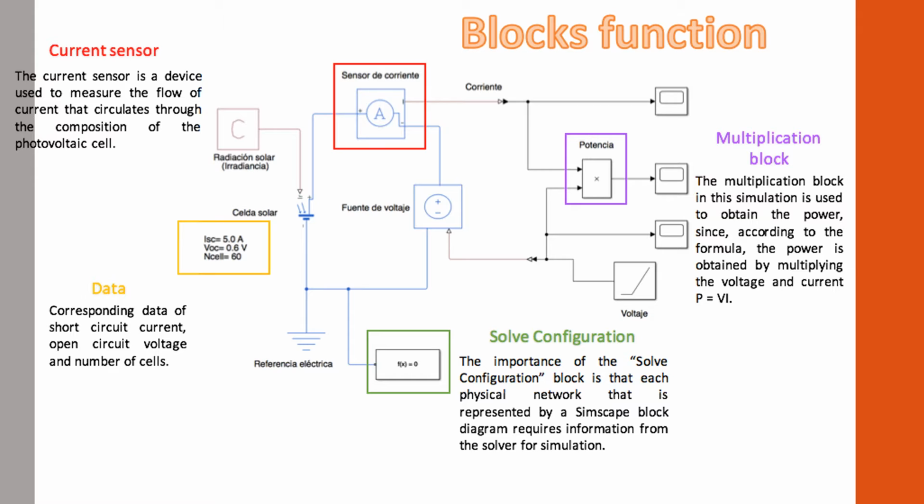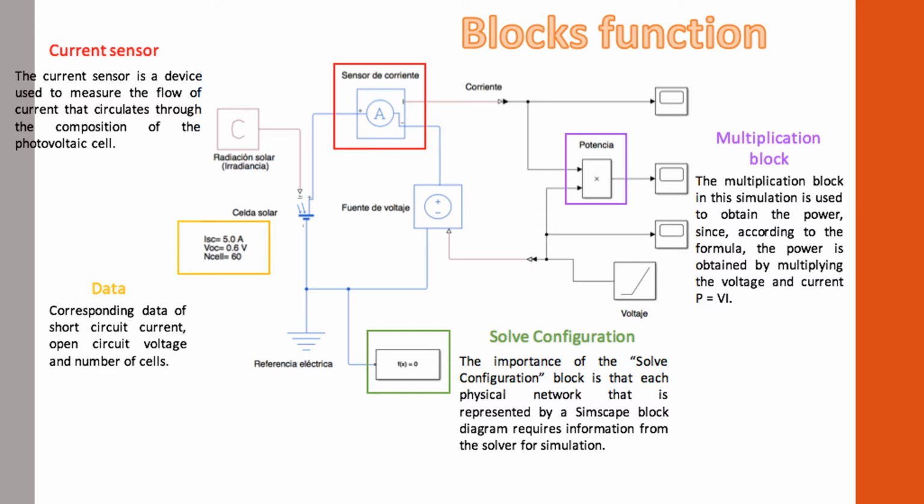A current sensor is also called a current transducer or transformer. The yellow rectangle shows some data that will be relevant for our simulation: the short circuit current and open circuit voltage, which will be discussed later.